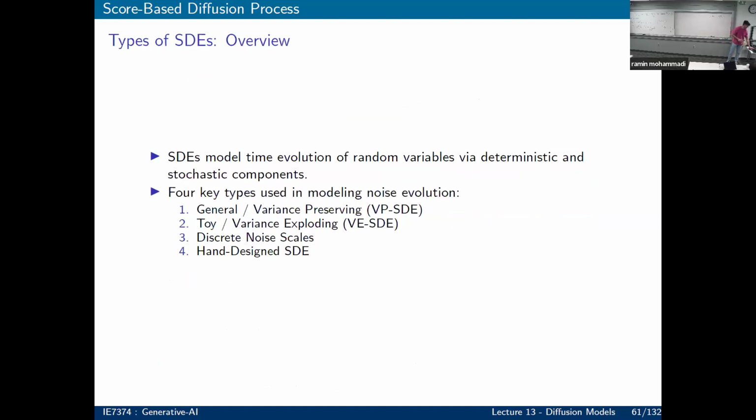Now, in general, when we come to these SDE types of models, there are a couple of versions that you might see out there. One is variance preserving, one is variance exploding, discrete noise scale, and hand-designed SDE. And there are probably more, with research papers coming out.